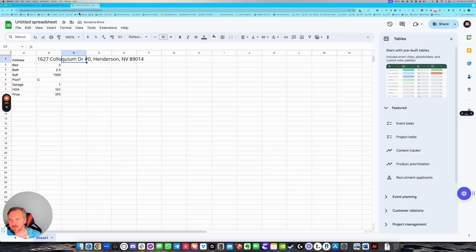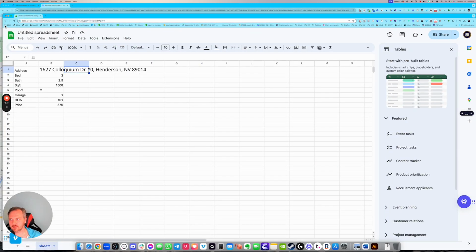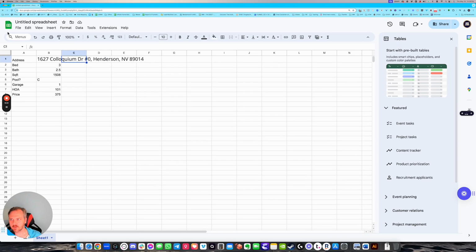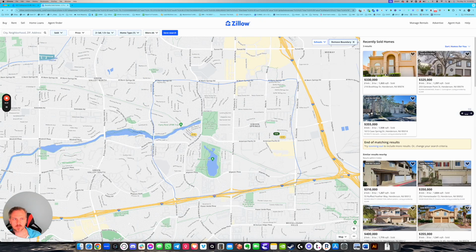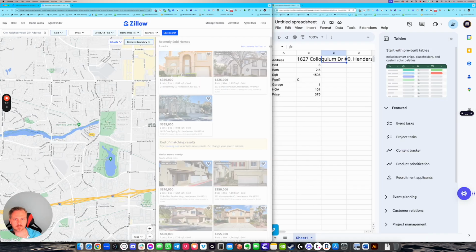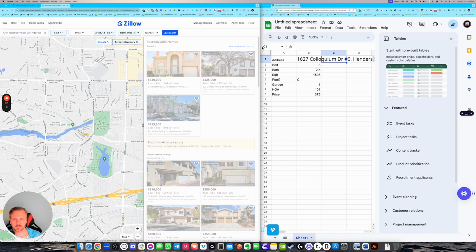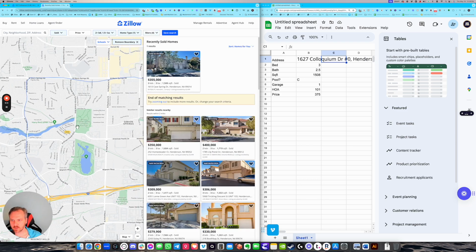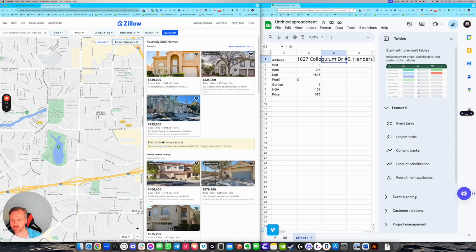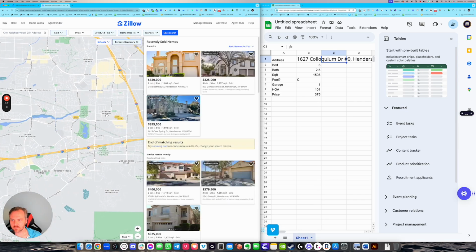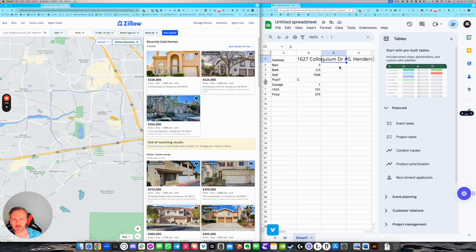To make this simple, do this. All right, so we have 218. This is a 2-bed, 2.5 bath, most likely.